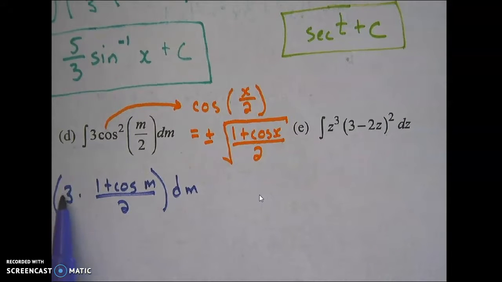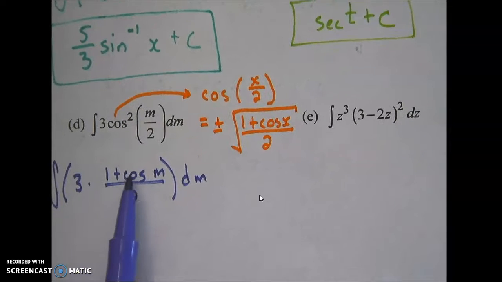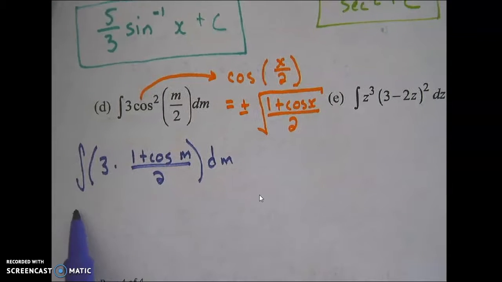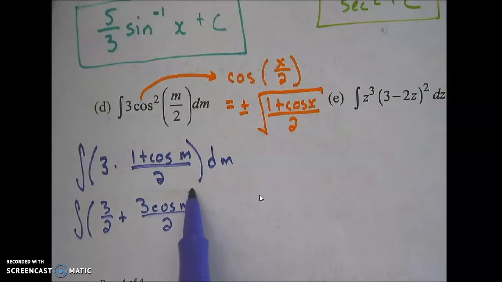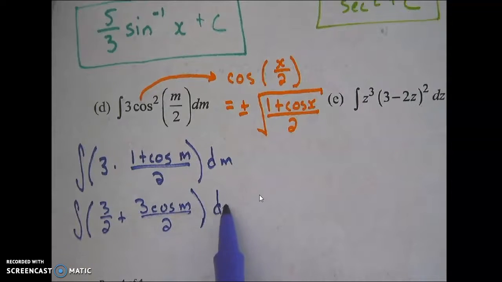I'm going to take this 3 and distribute it to the top, because this is 3 over 1. And I'm also going to split this fraction up into two pieces. So I now have the integral of 3/2, which is 1/2 times 3, plus 3 cosine m over 2, dm.